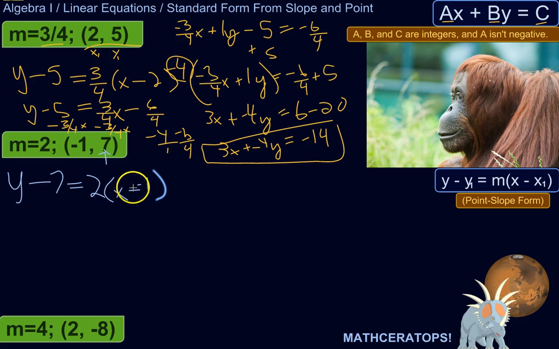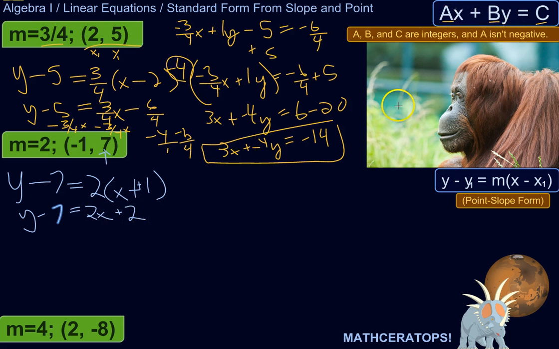So something minus negative 1 is just plus 1. Now let's distribute this 2. So 2 times x is 2x. 2 times 1 is 2. So I've got y minus 7 equals 2x plus 2.